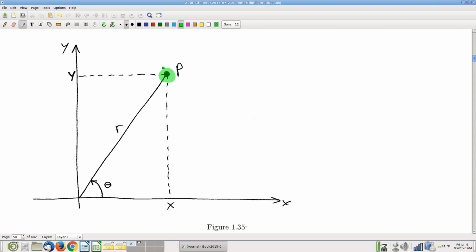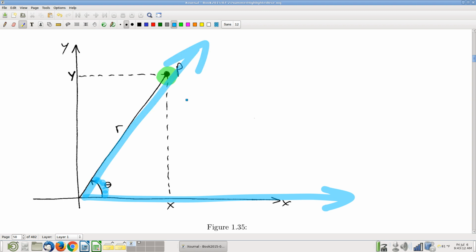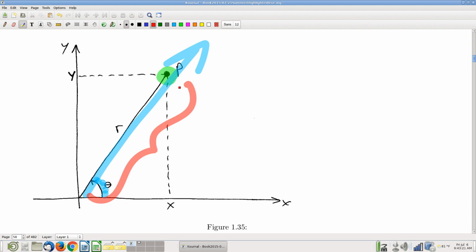A different way to describe that point is to say, well, I could get to that point by thinking of this as the 0 direction and then turning by a certain angle. If I turn by that angle theta to define that direction, and then go this far in that direction, sure enough, that gets me to that point. So if you give me a theta and an r, I know what point you're talking about.